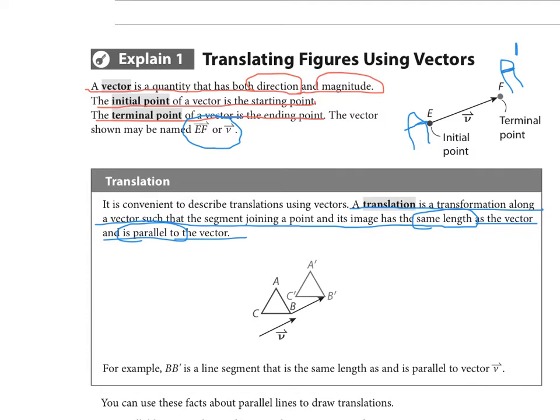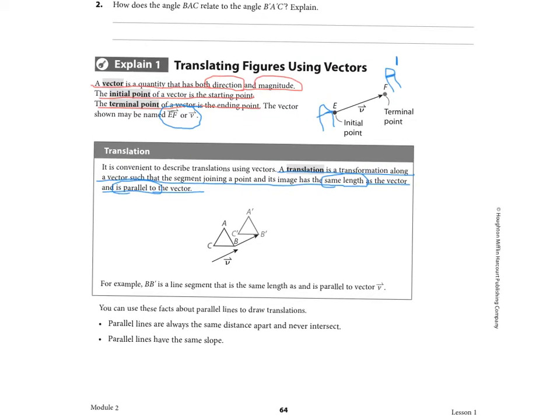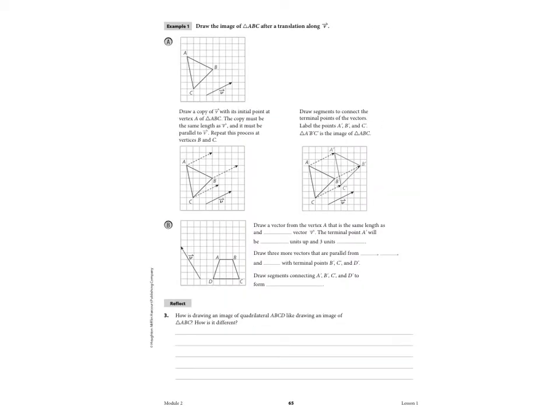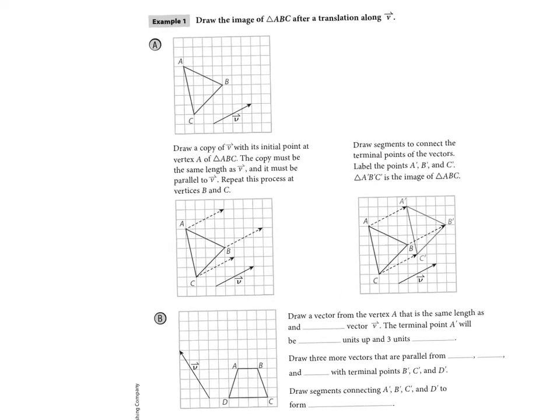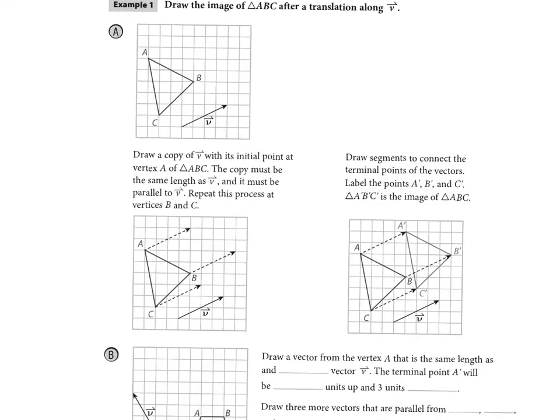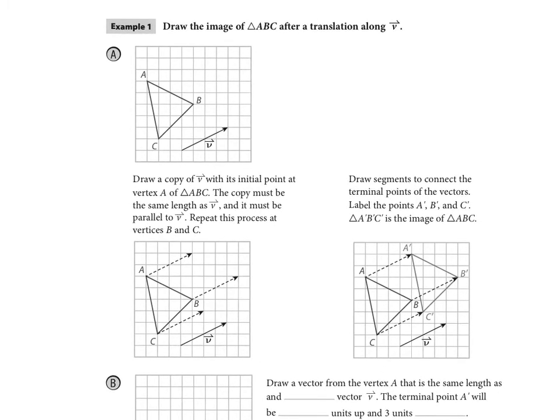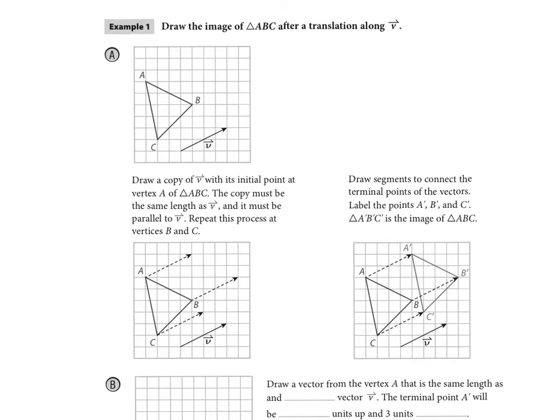This shows a picture, but I think it's even easier just to jump to the next example on page 65. They've done a really good job showing this here. It says to draw an image of triangle ABC after a translation along vector V. Notice a vector also has slope.